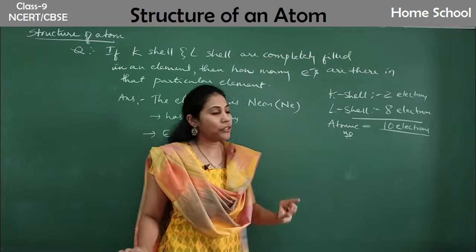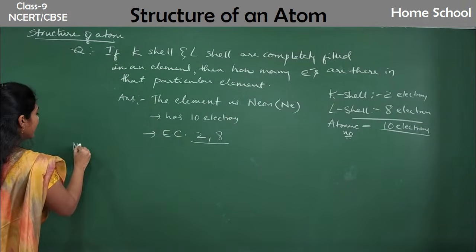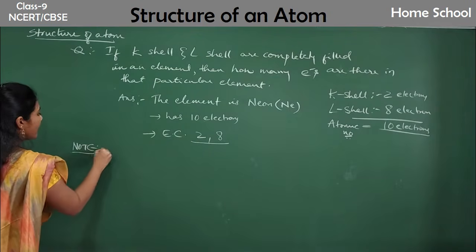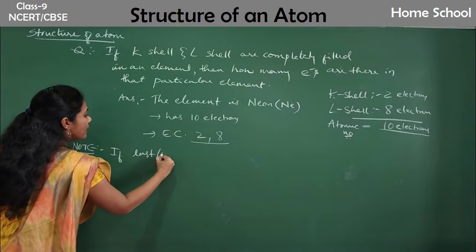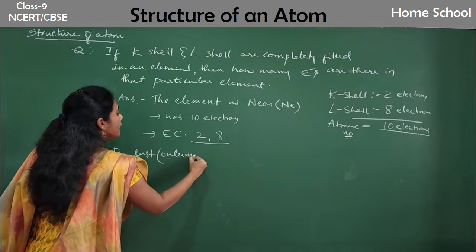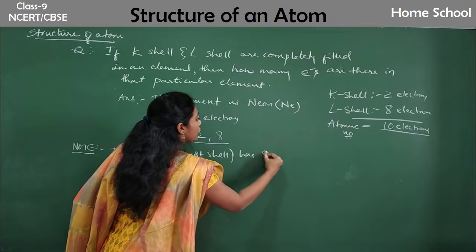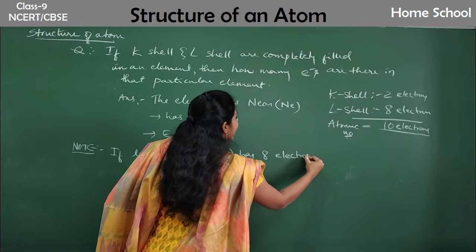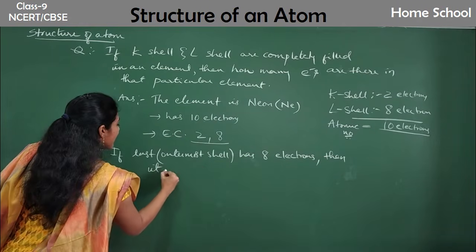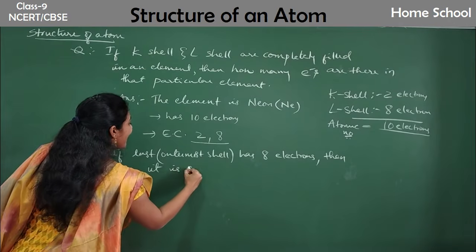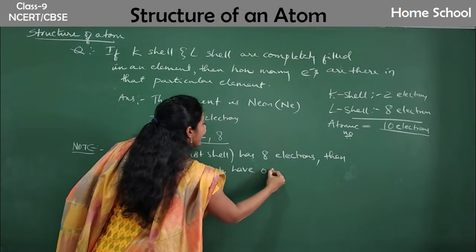How many electrons does it have? 8 electrons. Take a note here, from here onwards it's very, very important. If the last shell, in other words the outermost shell, has 8 electrons, then it is said to have octet.